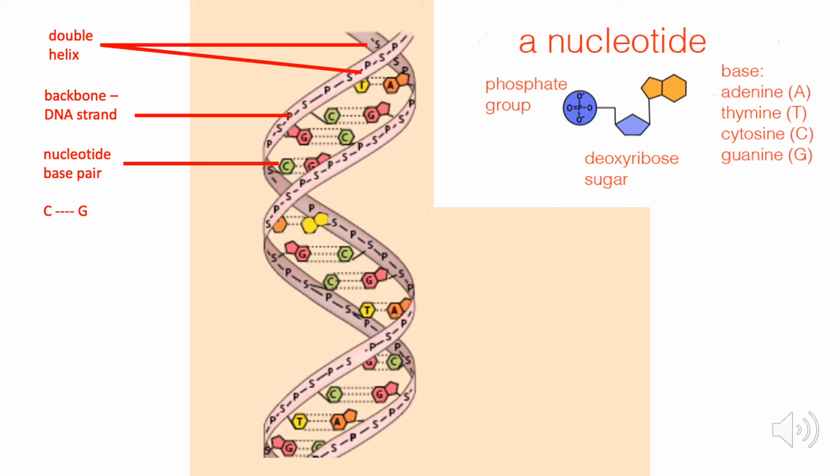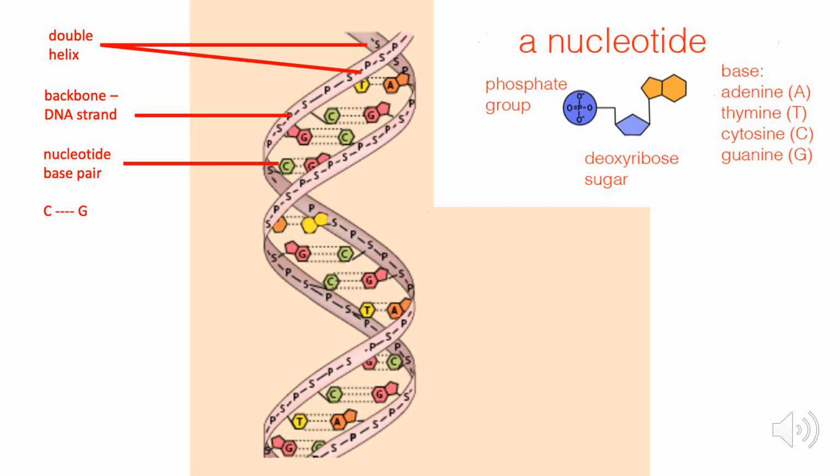The double helix of the DNA molecule forms when nucleotide bases on opposite strands form weak chemical attractions to each other. There are strict pairing rules for these bases. Adenine only pairs with thymine, and cytosine only pairs with guanine.